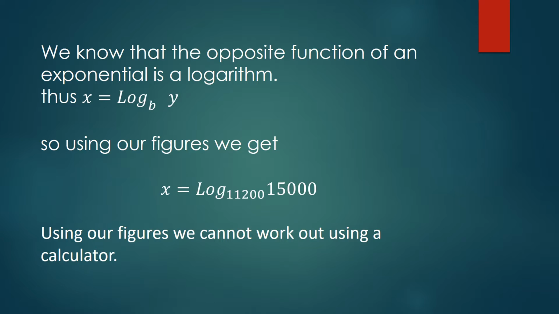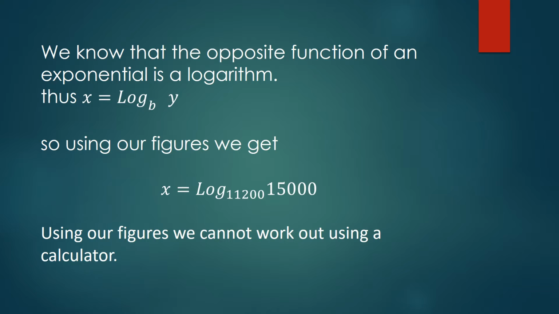We know that the opposite function of an exponential is a logarithm. Thus, to find time, we need to take the log of our values. So using our figures, we get log base 1.12 of 15,000 over 10,000.